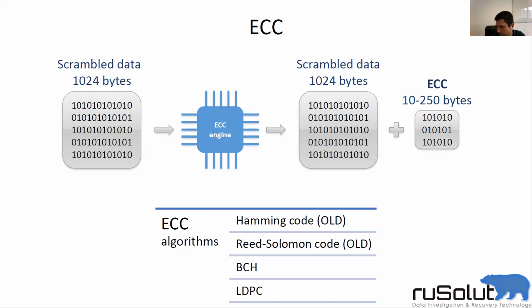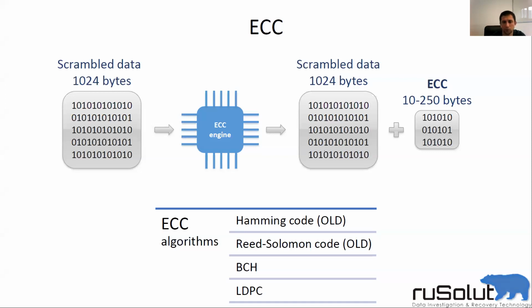when it's necessary to run ECC correction, VNR will try to read this ECC and scrambled data and take from a database of VNR specially designed code words for this particular controller and memory chip. So there is one more database of code words.